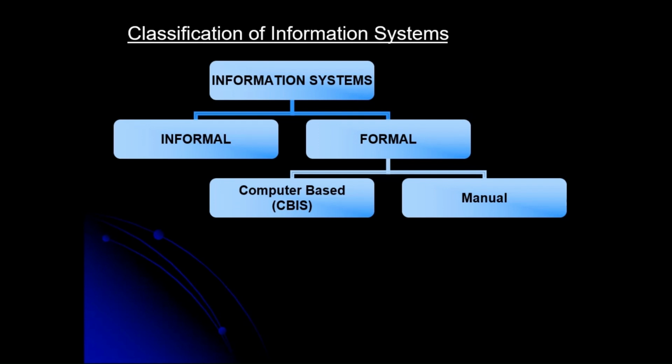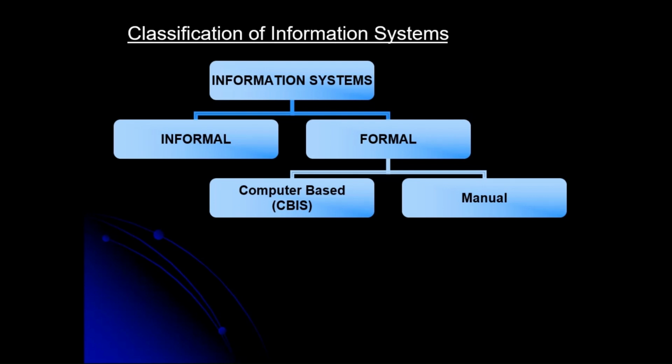Formal information systems, as we said earlier, you further break down into two: computer-based and manual information systems. Whether it is computer-based or manual, a formal information system has a formal procedure to be followed.